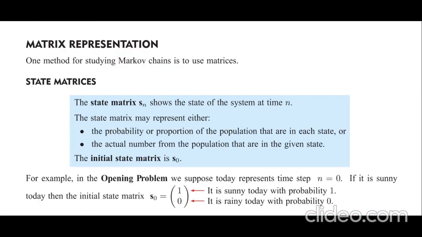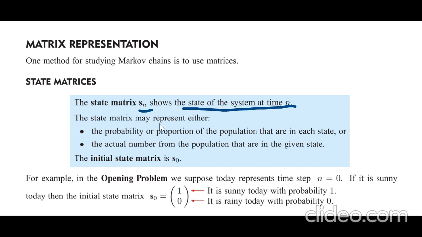Now we will try to look at the matrix representation. So Markov diagrams can be shown either in the transition diagram way or by looking at the matrix representation. This is used to study the Markov chains using matrices. So if I talk about the state matrices, we show it by S_n, which shows the state of the system at time n.